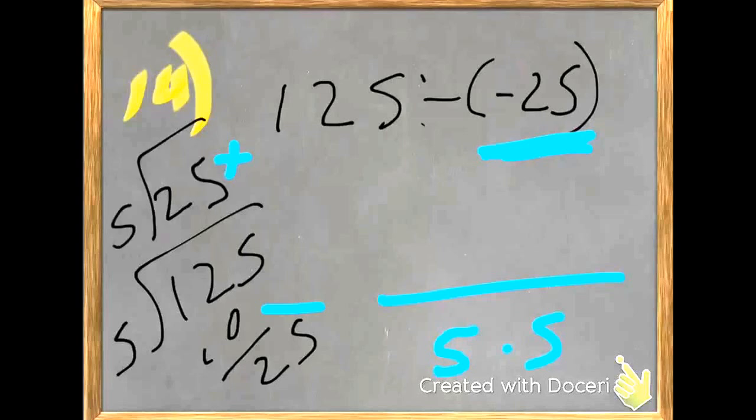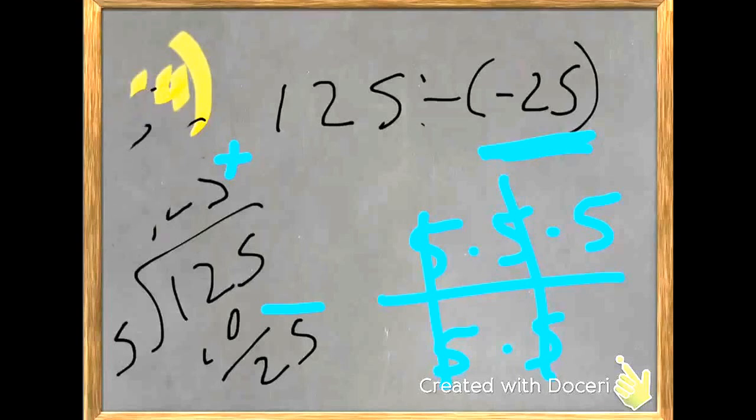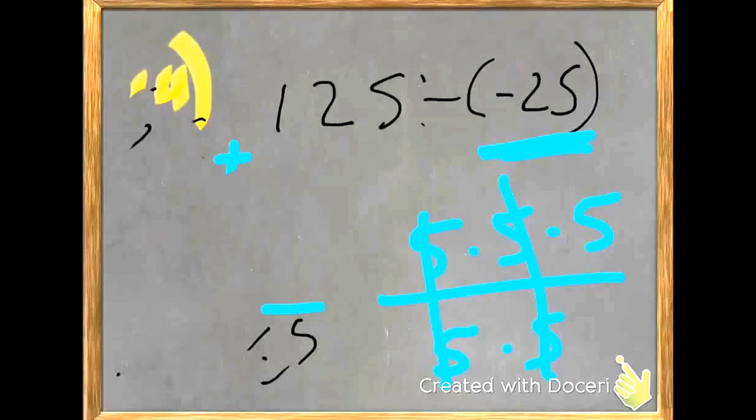And then 25 is 5 times 5. So the top is 5 times 5 times 5. 5 divided by 5 is 1. 5 divided by 5 is 1. Let me erase all of that. And we still have a negative, so our answer is a negative 5.